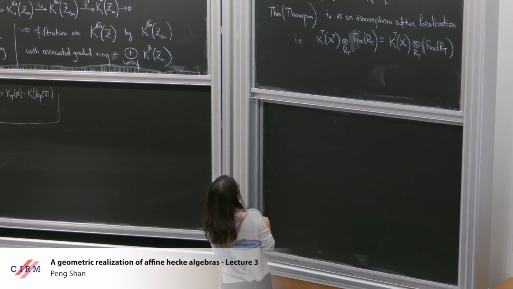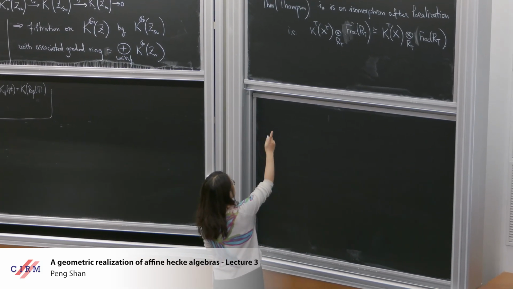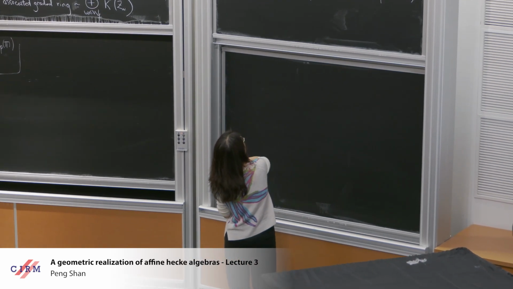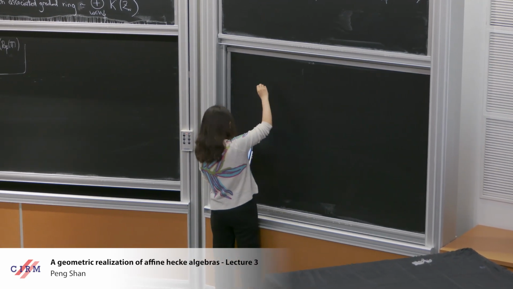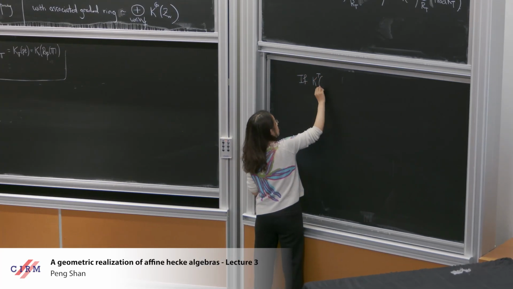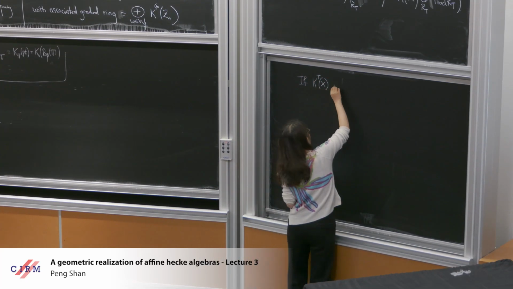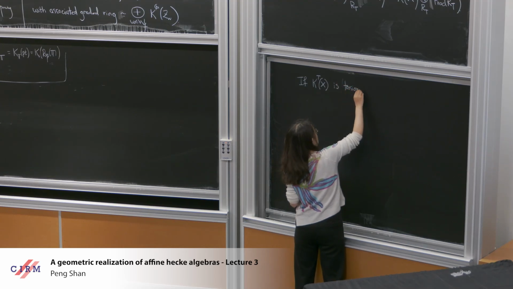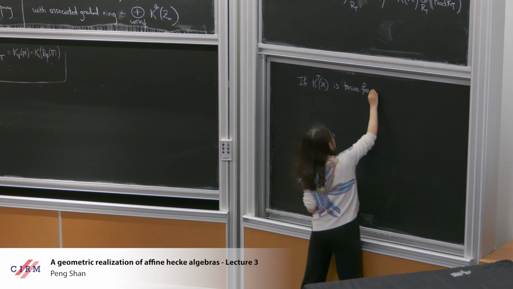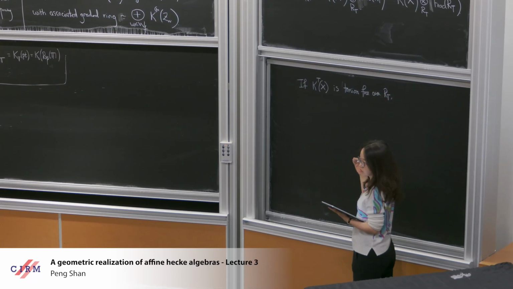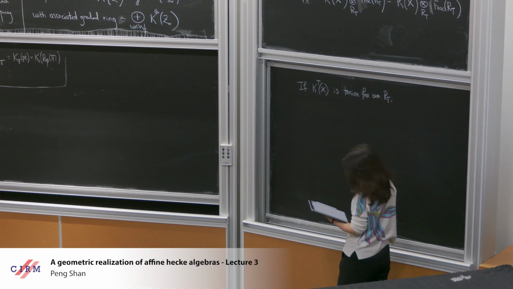Okay, so in particular, this tells you that if K_T of X is torsion-free over R_T, then it's embedded in its localization.